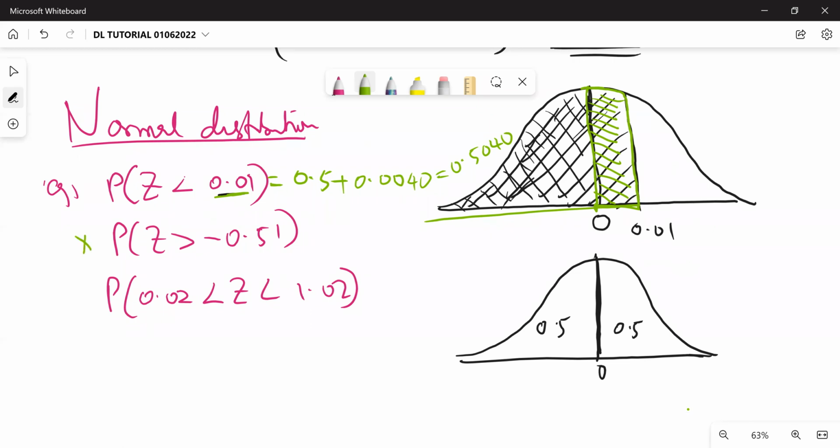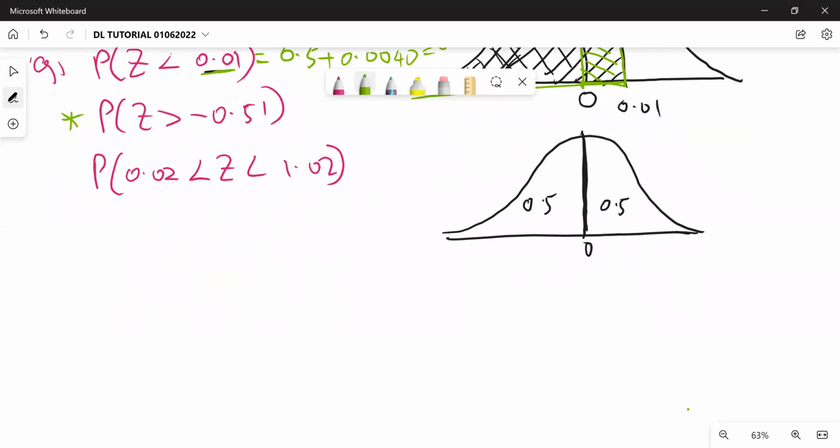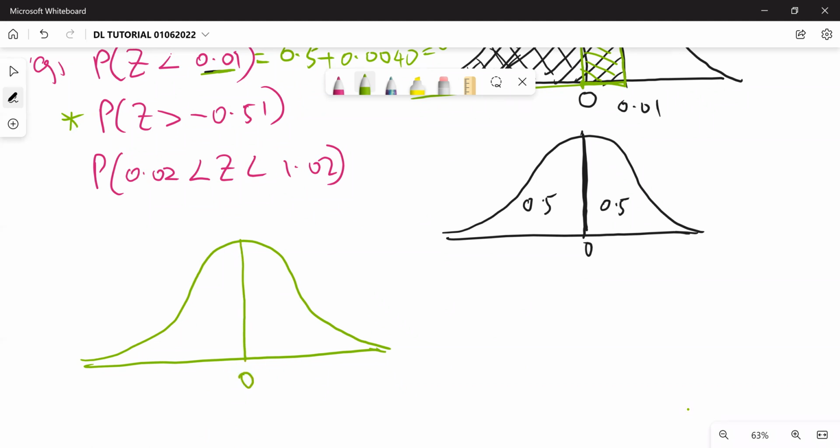The same case applies to this, because the question is, Z is greater than minus 0.51. So we're talking about this. It's always good to have this sketch. It will help you to figure out what is being asked. Minus 0.51 should be below here. I'm putting it here for convenience.